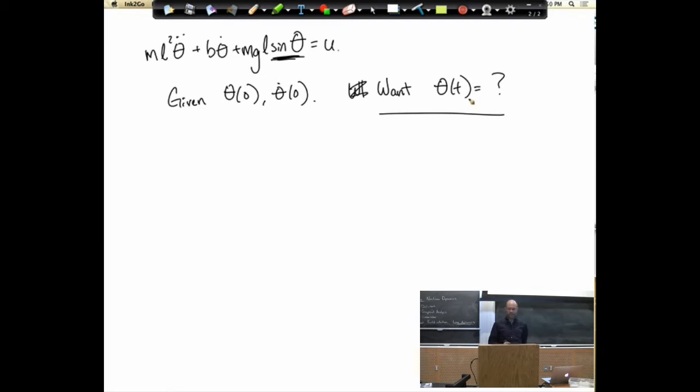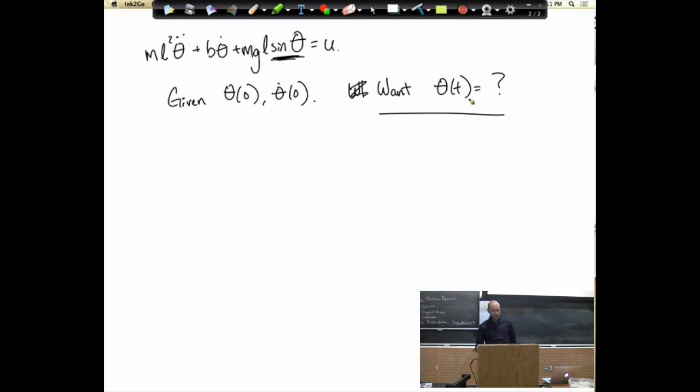That's a hard question to answer. But if you ask about what theta is as time goes to infinity, or what are the basic properties of a solution of theta, there's lots of things we can answer meaningfully, but it's just not using the traditional solve-that-differential-equation tools. That's what you have to get used to when you start doing nonlinear differential equations.